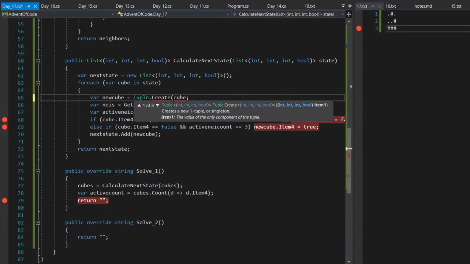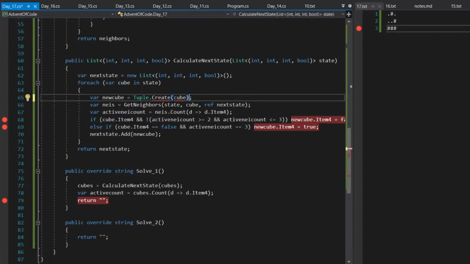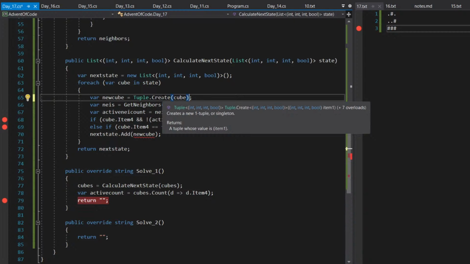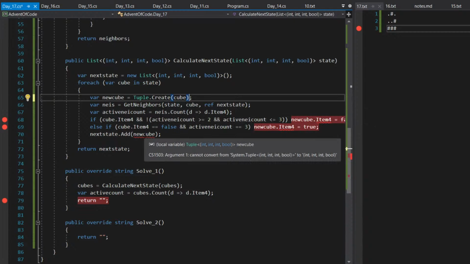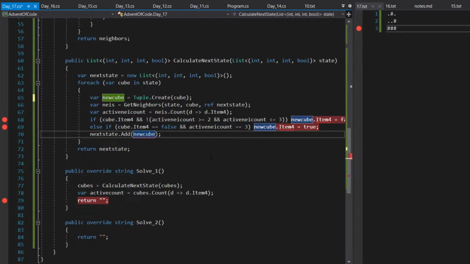Can I create a tuple like this? Ooh, nice. Cannot convert from... Why?